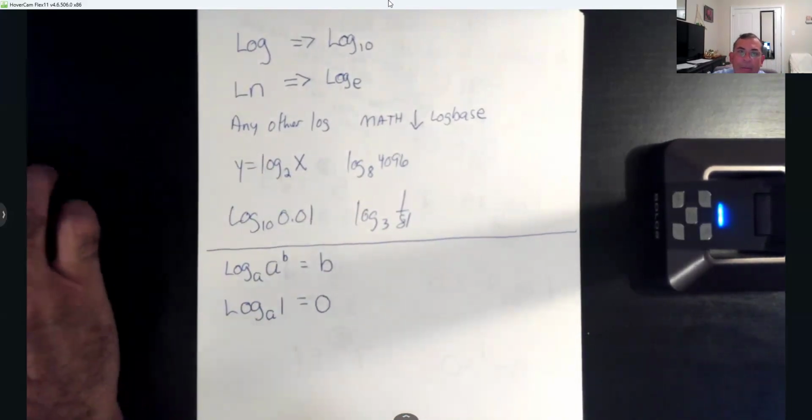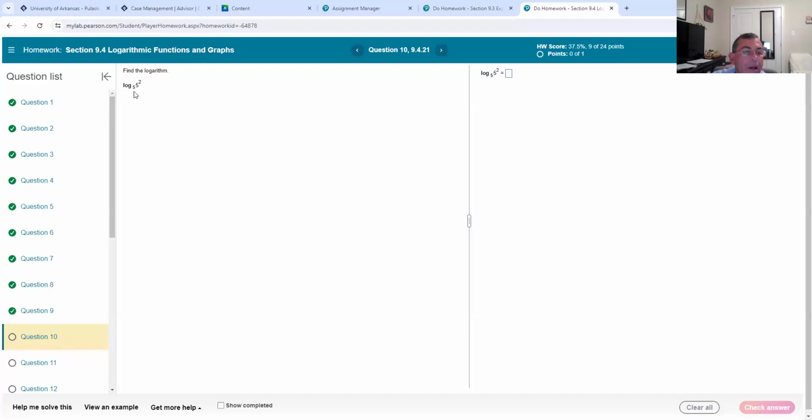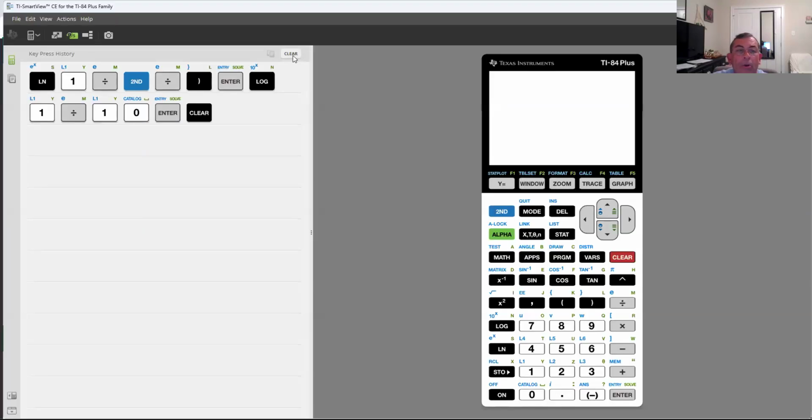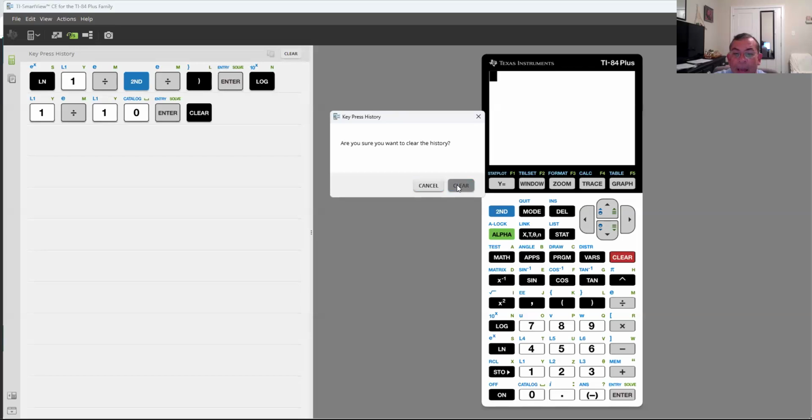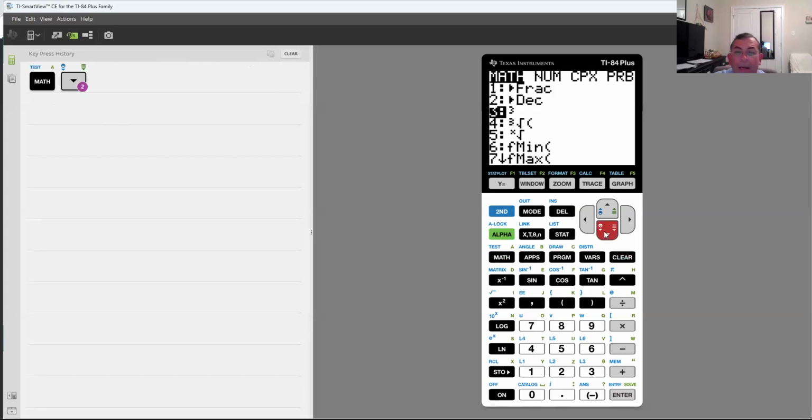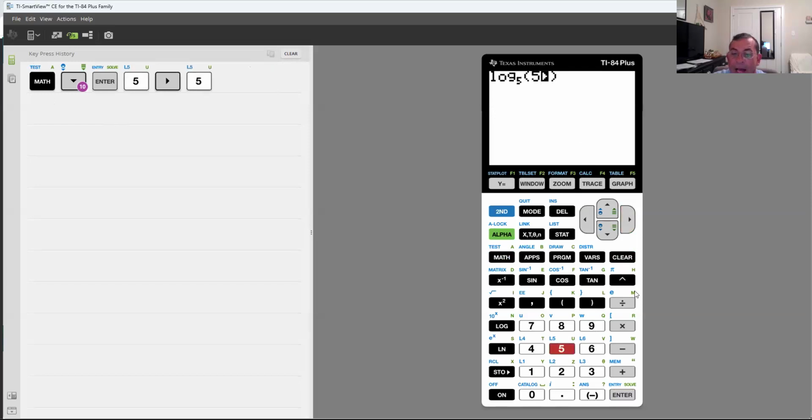All right, so let's go back and play with that. So this is the log base 5 of 5 to the second. So this should equal 2. But y'all, we can do that on the calculator. Let's go to our log base. So hit math, go down to log base. All right, we had 5, and then the answer was 5 to the second.